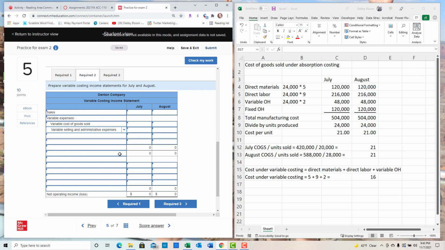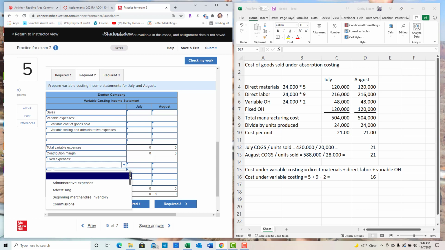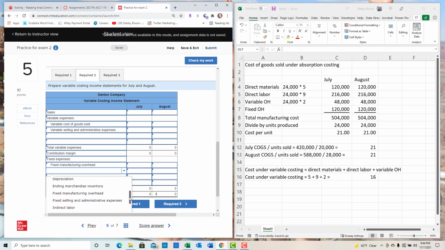After we calculate our total variable expenses, we're going to calculate our contribution margin. So our sales minus our variable expenses is going to equal our contribution margin. After our contribution margin, we're going to subtract our fixed expenses. We have 2 fixed expenses, our fixed manufacturing overhead and our fixed selling and administrative, excuse me.